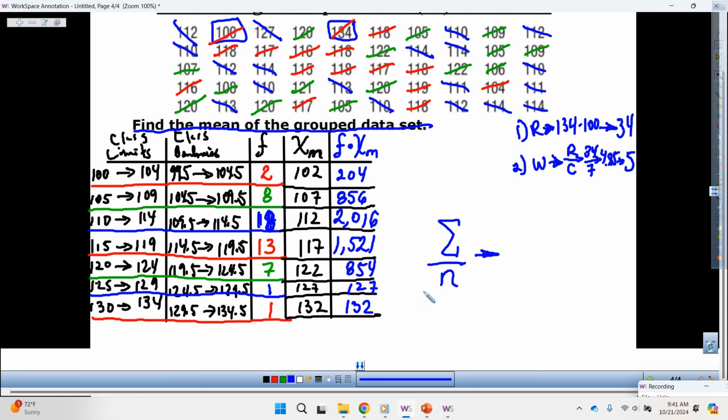What is that sum? Who's got the sum? Isabella with the sum. What is the total sum? 5,710. Double check that.